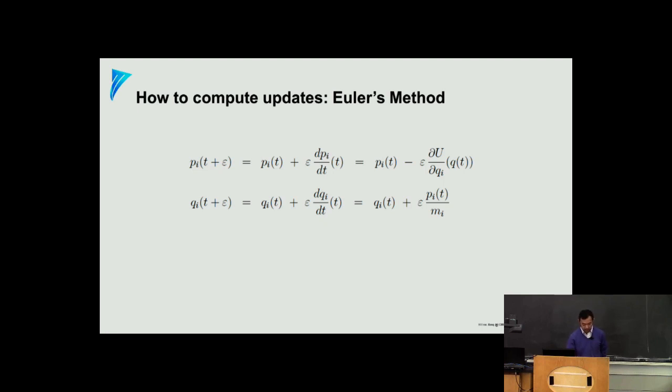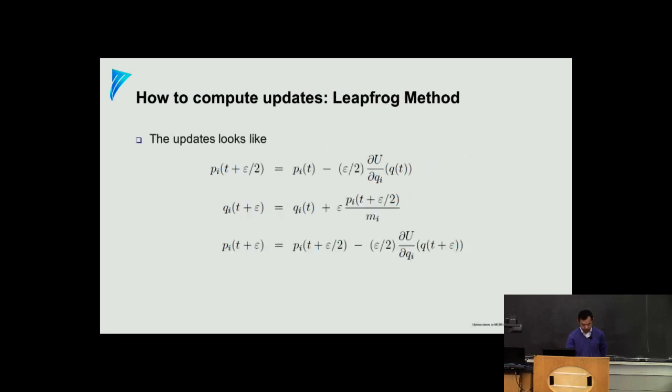And this is called Euler's method, which directly establishes the change in P, by the way, P is the momentum, and the change in the position Q, as a function of the loss, the objective momentum. And there is another method called the leapfrog method. Again, all these details are not very important. There are multiple mechanisms telling you how to do the update.